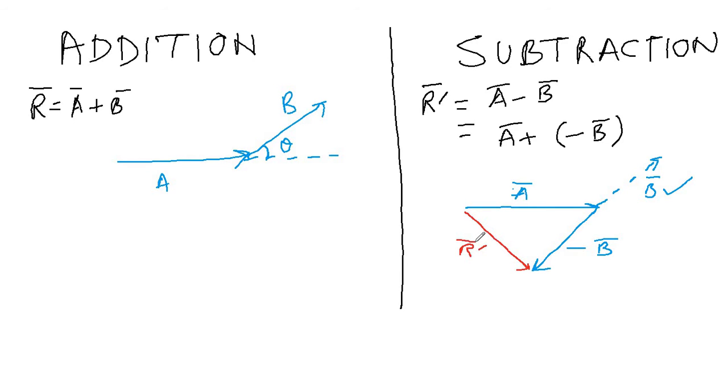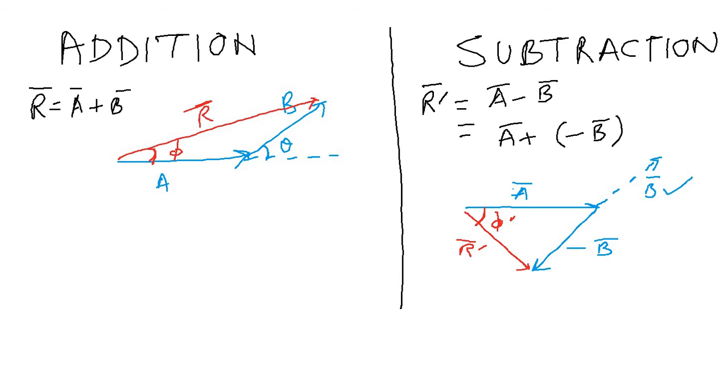This is the r prime vector, and similarly in addition it was something like this. Here you have r vector. Now there you have the resultant vector something like this, and here in subtraction you have the resultant vector something like this, and I call it phi prime.